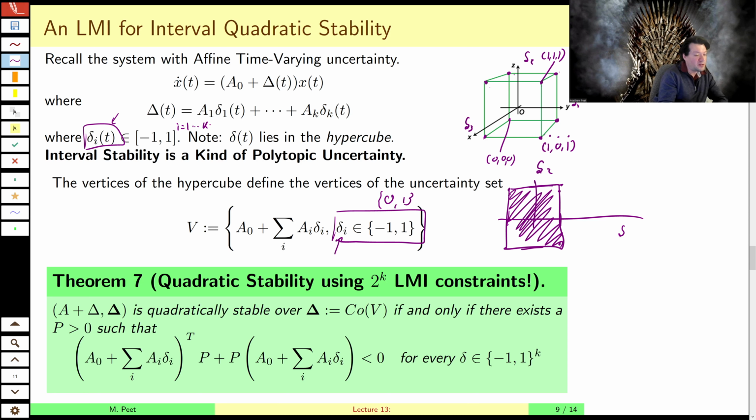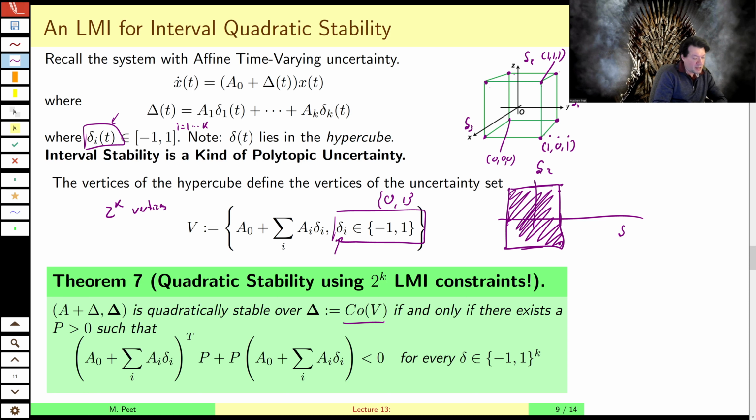Okay. When we convert the hypercube to a polytope, we're going to get 2 to the k vertices. Right? These are representable as vertices.